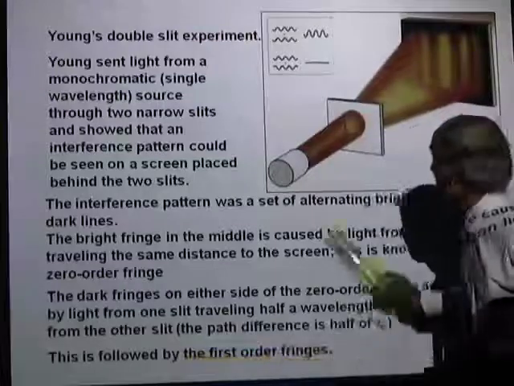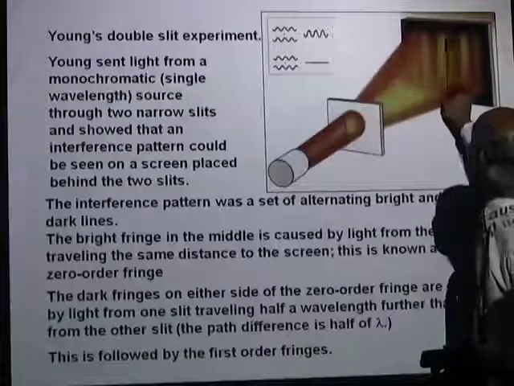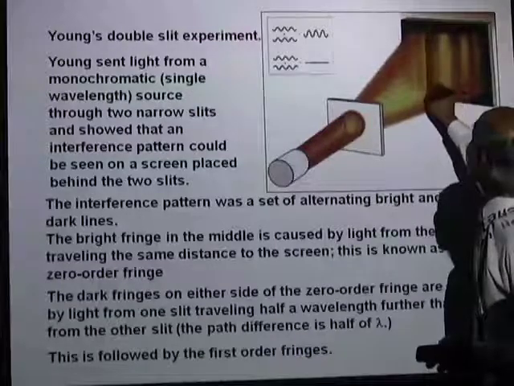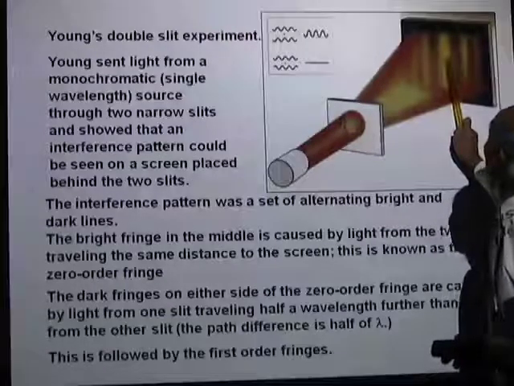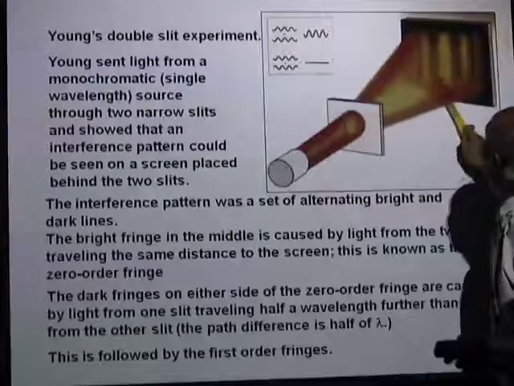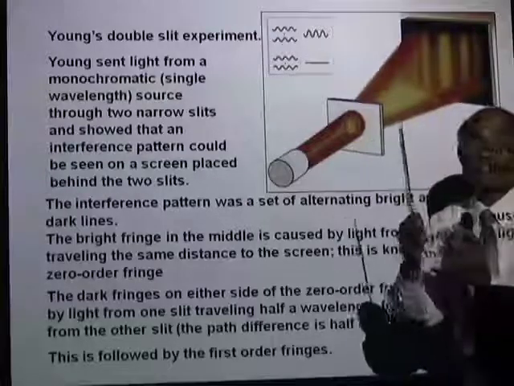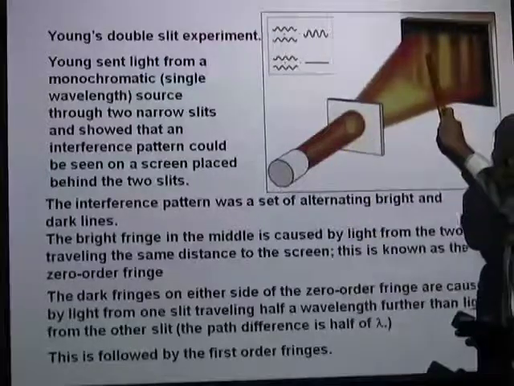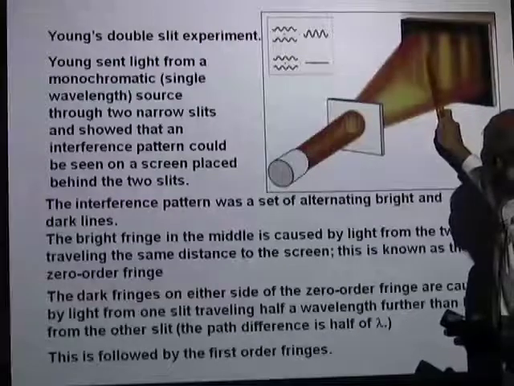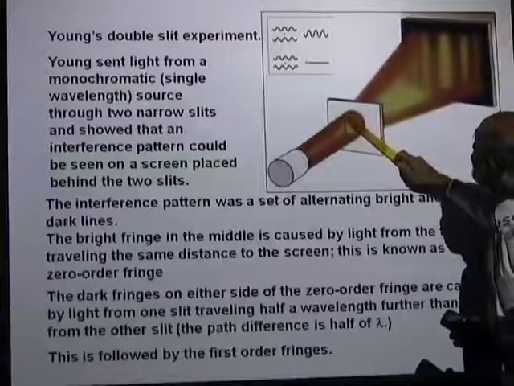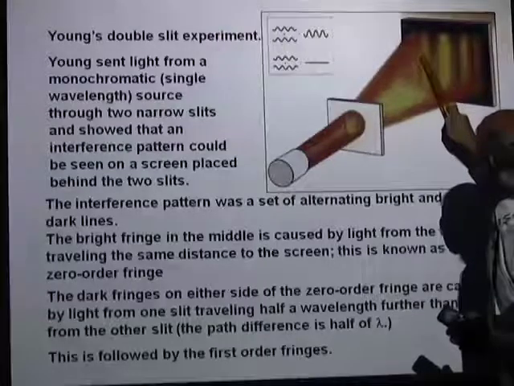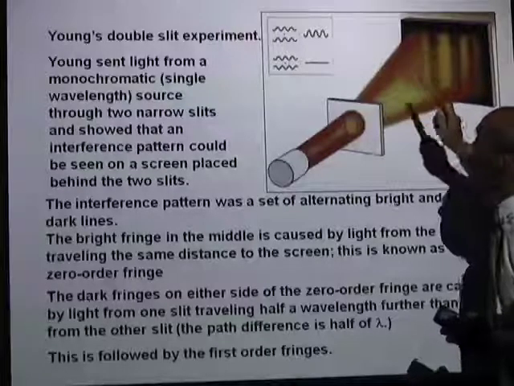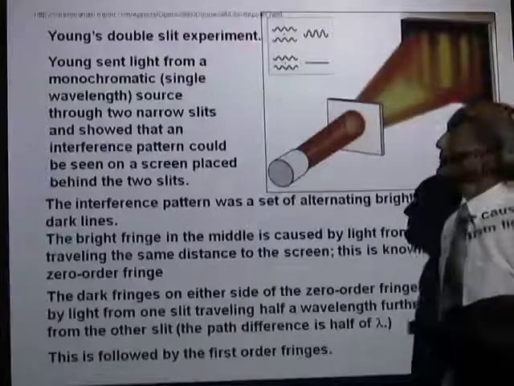This is followed by the first order fringe. You see this zero order, the first order, the second order. This is where light from both slits are in phase, they travel the same distance. The first order fringes are produced when light from these two arrive in phase again. A dark fringe when they are out of phase, and so on.